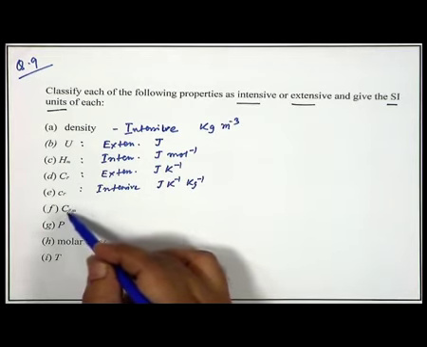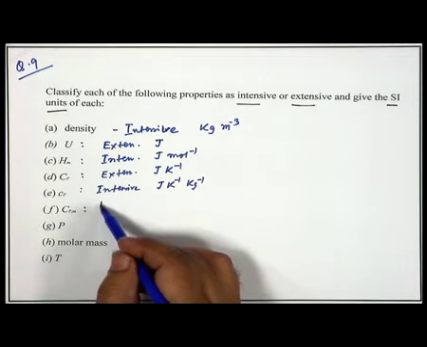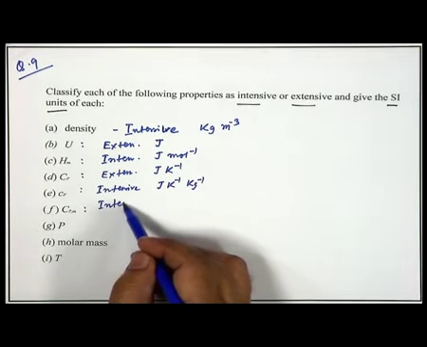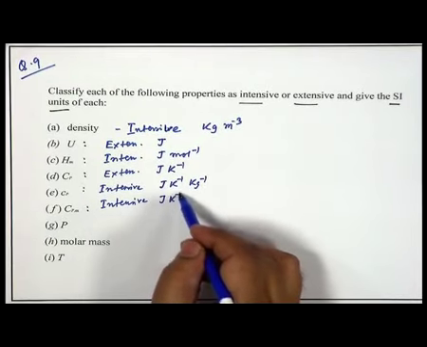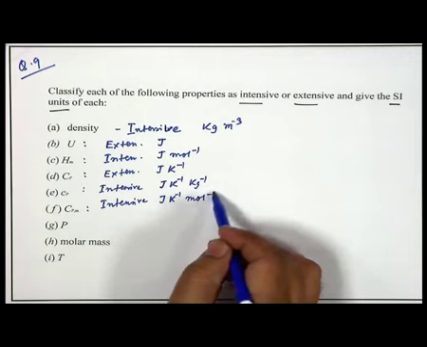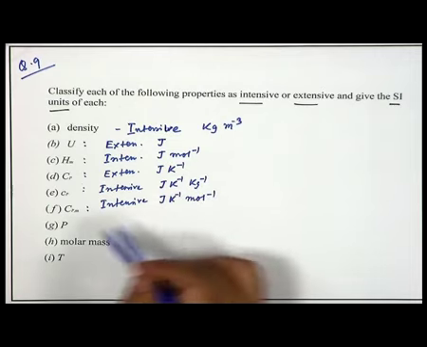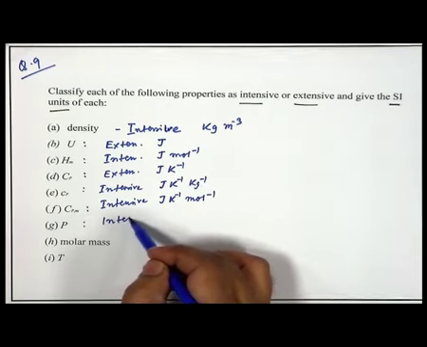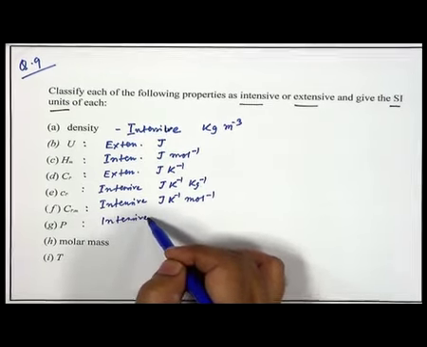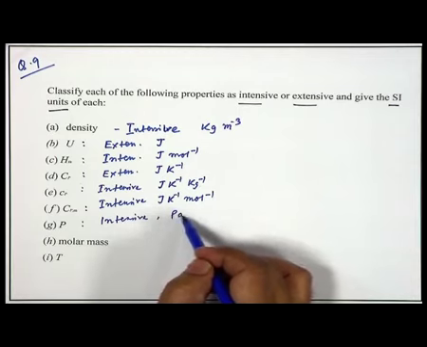Cp,m is a molar heat capacity at constant pressure. So, it should be intensive again. So, again J K inverse mole inverse. Pressure, you know, is an intensive quantity and the SI unit is Pascal.